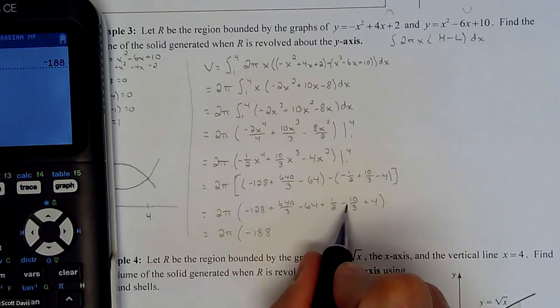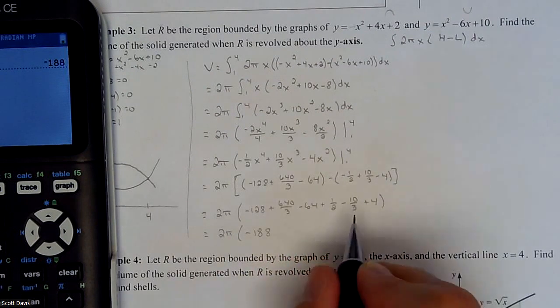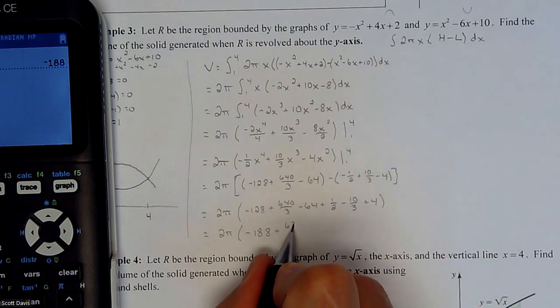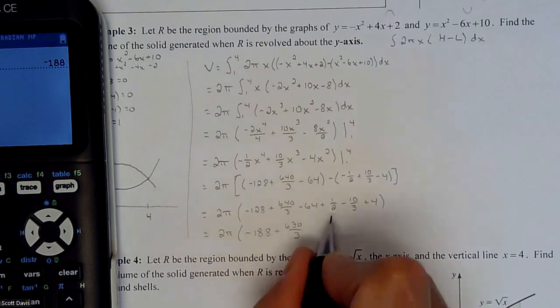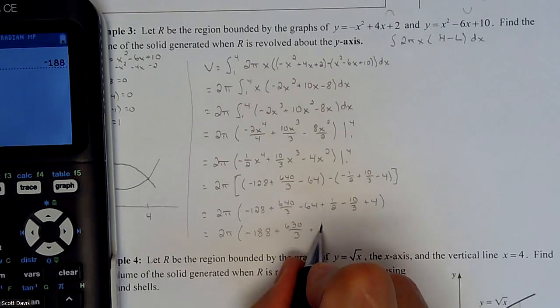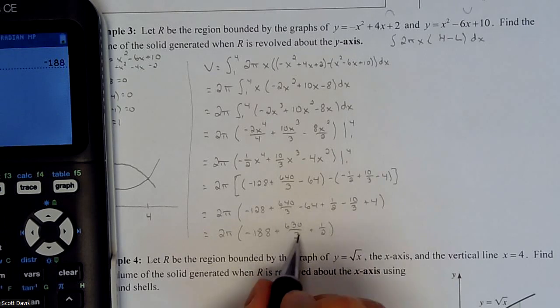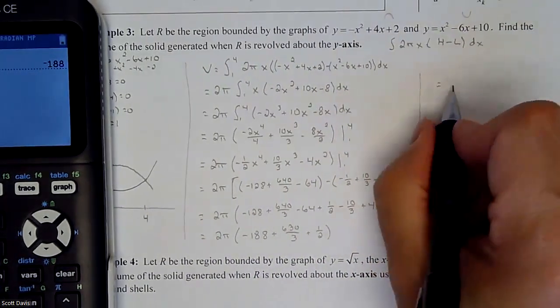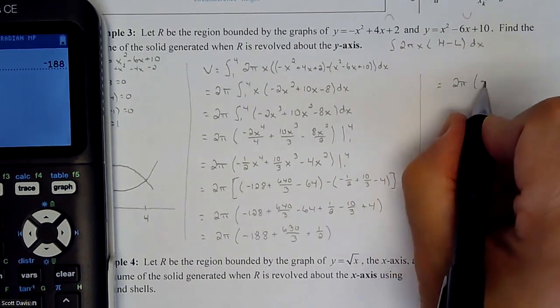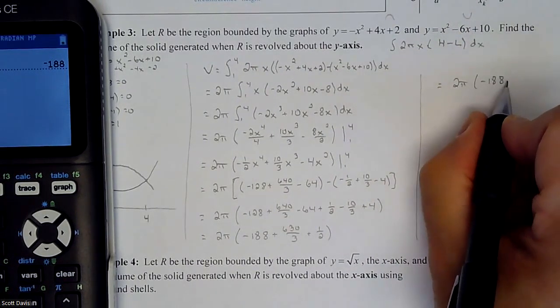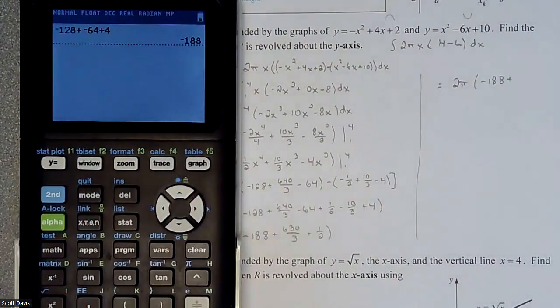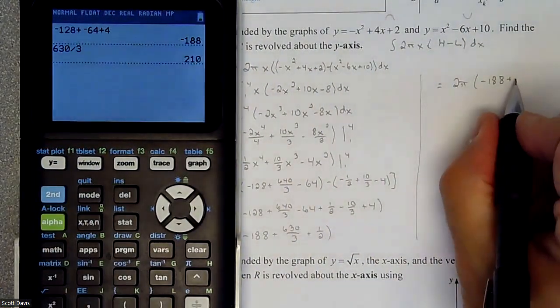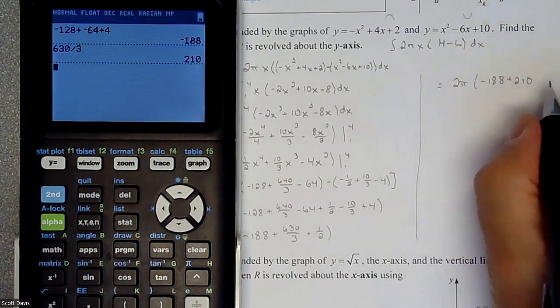Then 640 over 3 minus 10 over 3 is going to be a plus 630 over 3 plus a half. So if we divide that out, that's going to be a 210. So we'll have 2 pi times a negative 188 plus, just to make sure, 630 divided by 3, 210 plus a half.